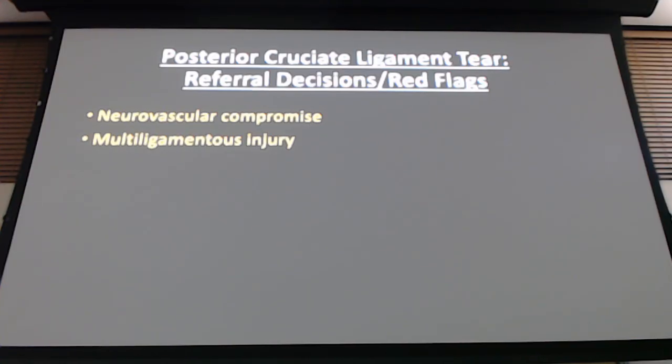So you send somebody on a deployment, you did the pre-deployment screening, you cleared them for whatever, and they come back, and all of a sudden you get them and you realize, hey, they were stabilized and they were sent home. That doesn't mean that they went straight to the surgeon, right? That's not necessarily what that means. So if they have a multi-ligamentous injury, you need to make sure you take over as a PCM to get them to that level of care. Good to go? Okay. It does happen.